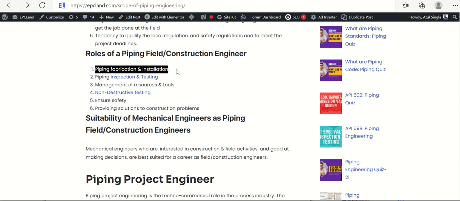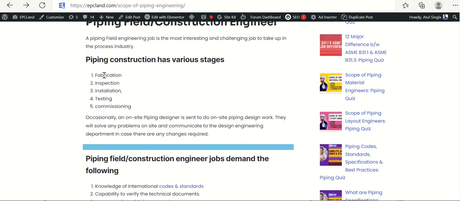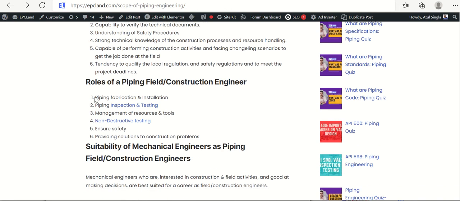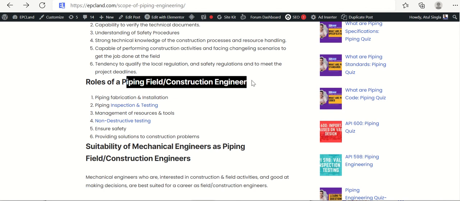They will be involved in all these activities, whether it is fabrication, inspection, installation, testing, commissioning. They will be supporting the area experts from design part. That means they will be communicating the technical requirements. So this is the role for piping field and construction engineers.